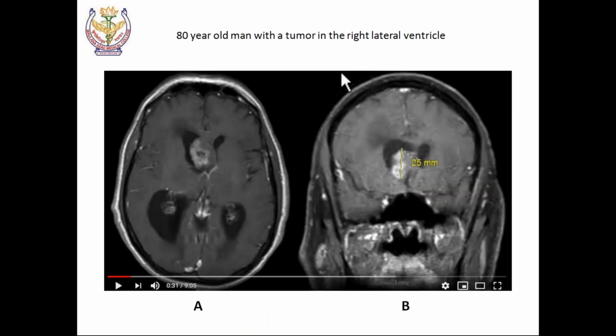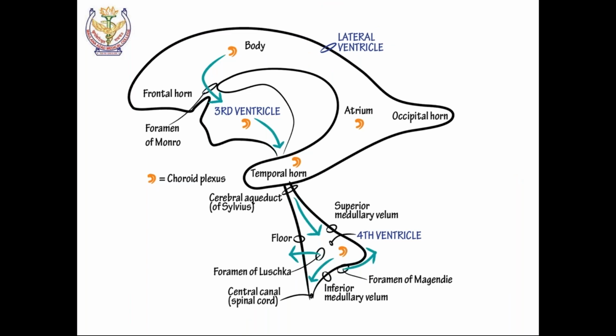Okay, now let's quickly revise what we've done. We talked about the lateral ventricle, which is a ventricular cavity containing the CSF. It has a body, an anterior horn, a posterior horn, which is the occipital horn, and the inferior horn, because it goes into the temporal lobe, we call it the temporal horn. And we have two lateral ventricles, one in each cerebral hemisphere.